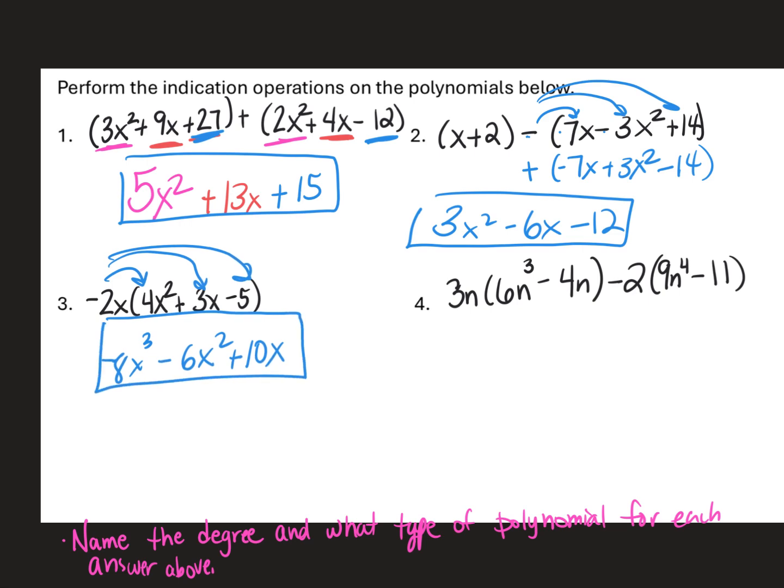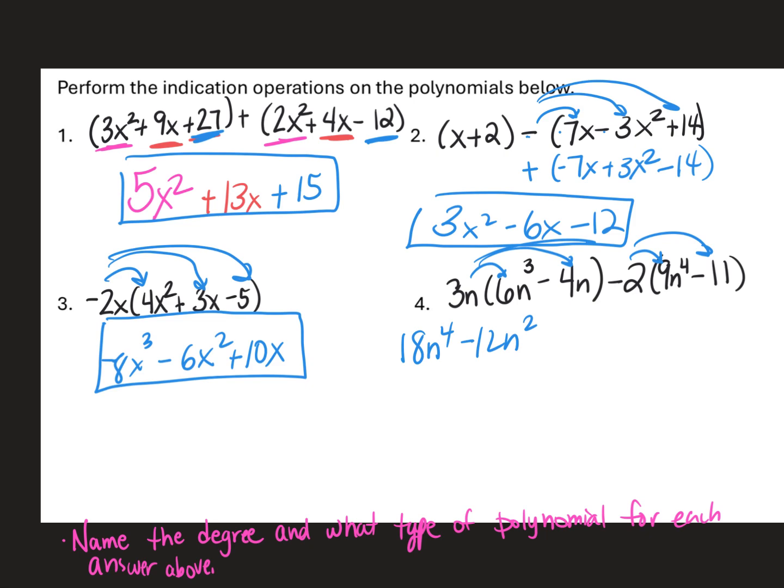For the next one, I'm going to distribute, and then I'm going to combine like terms. I'm going to distribute the 3n, and that's just those two things, and the negative 2. 3n times 6n is 18n to the fourth. 3n times negative 4n is negative 12n squared.